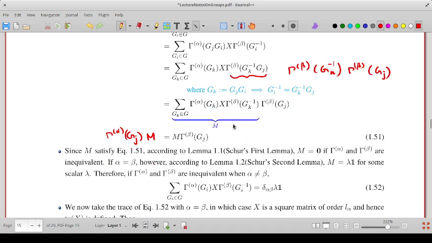Then we can use Schur's first lemma. It would say that if M and the representation satisfy this condition, then M should either be a null matrix or the determinant of M should be non-zero, in which case gamma alpha and gamma beta will be equivalent representations.